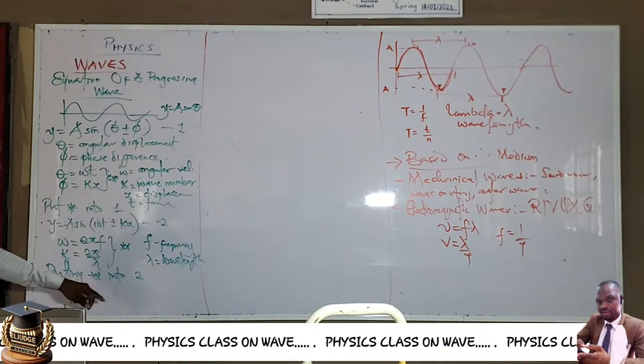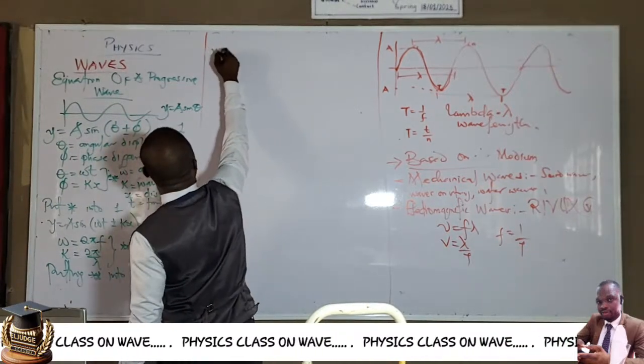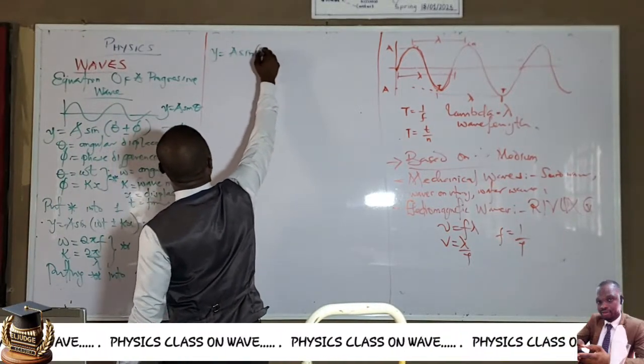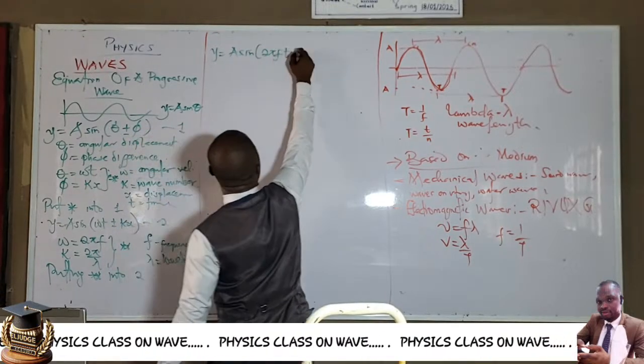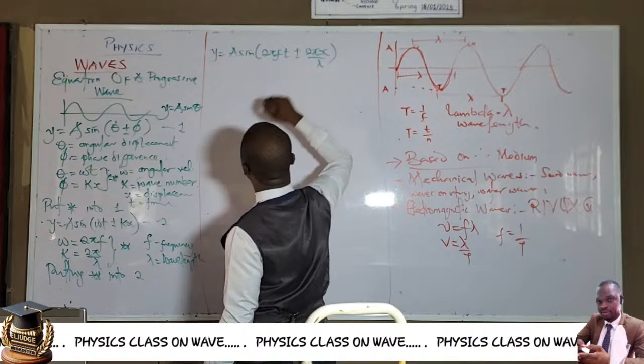So putting this in, we can have y equals A sine (2 pi f t plus or minus 2 pi x over lambda).